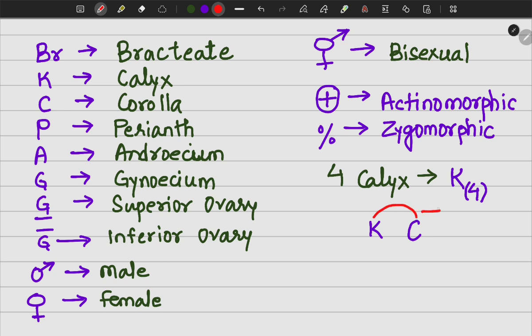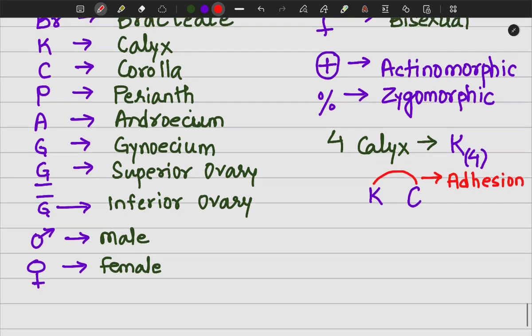So this represents adhesion. That means the calyx and the corolla are attached to each other. Alright, I hope this is clear. So these are some common symbols which are used to describe a flower when we write a floral formula for that flower.